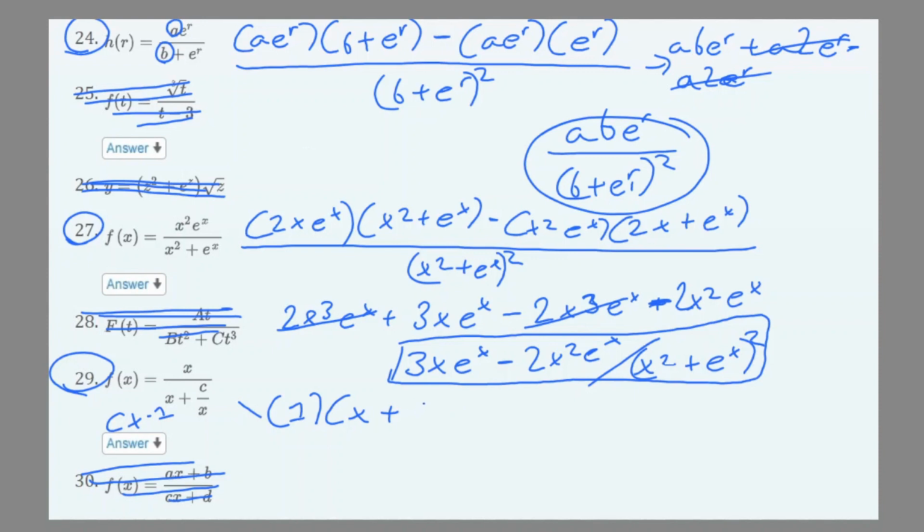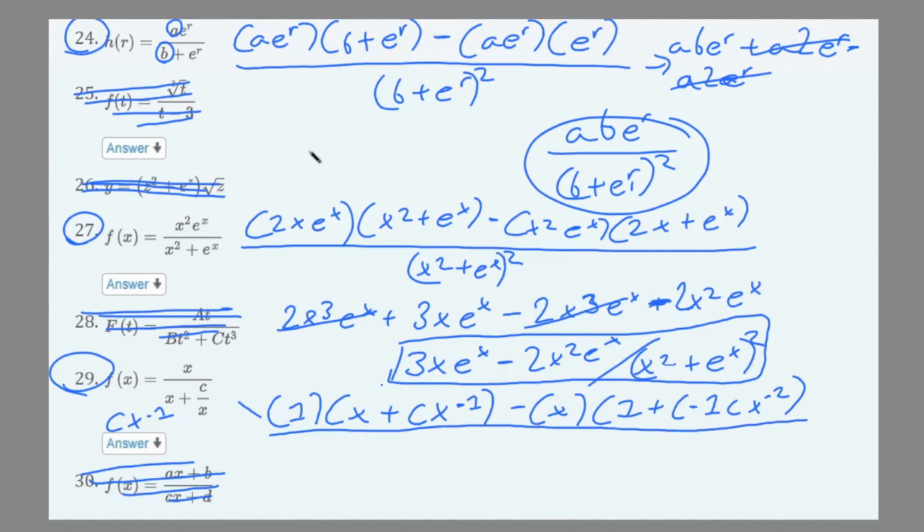That would be cx to the negative 1 power, and then subtracted by x times g prime, which is 1 plus, or rather negative 1 c to the x negative 2 power. And all of that would be over, for now we're going to mark this as g of x, so I don't have to write all that out. So g of x squared.